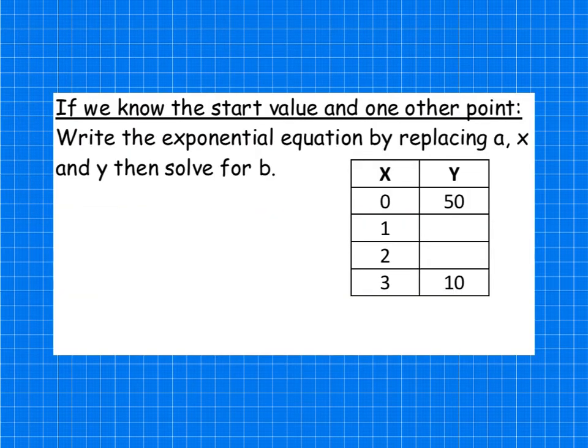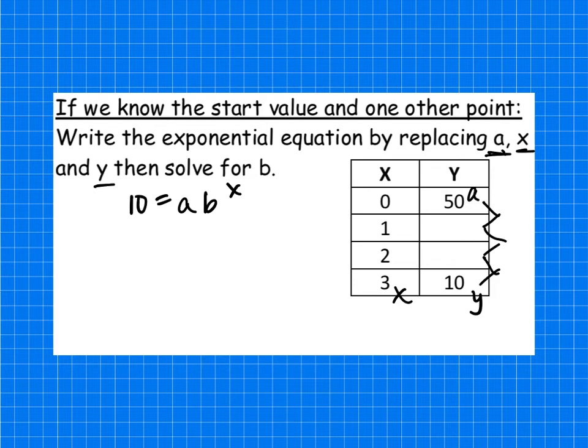Next situation, I know the first one, but I don't know the one following it. So essentially, I'm looking at this in 2 different ways. I know my starting point, so one way to do this is you know A, you know an X, and you know a Y. So this is my X, this is my Y, this is my A. So if I plug all those things in, the only thing I don't know is B. So if I've got y equals ab to the x, I'm going to replace y with 10.